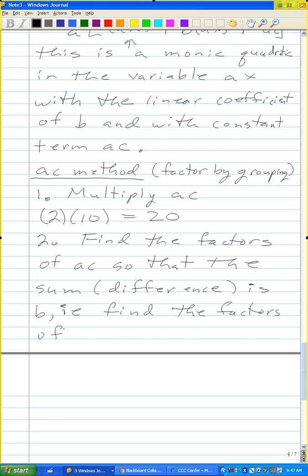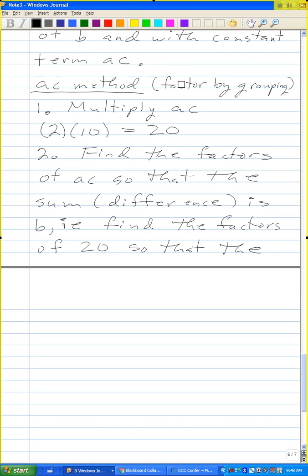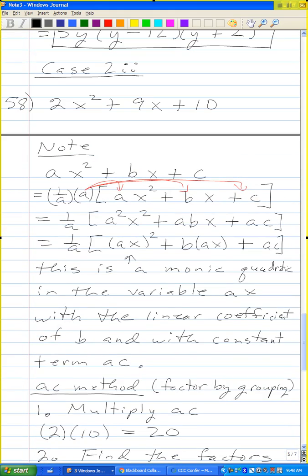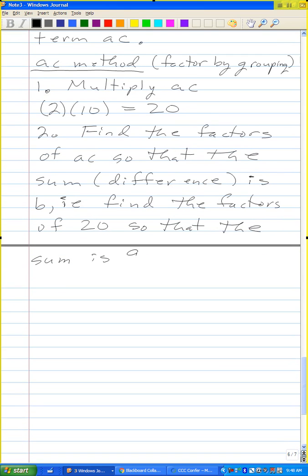of AC. Well, AC in this case is 20. So that, let's see. In this case, this is a plus sign. So it's a plus. And so that the sum is, well, the linear term in this case is 9. So the sum is 9. So I want to find two whole numbers whose product is 20 and whose sum is 9.